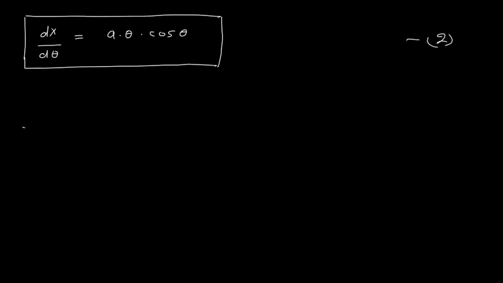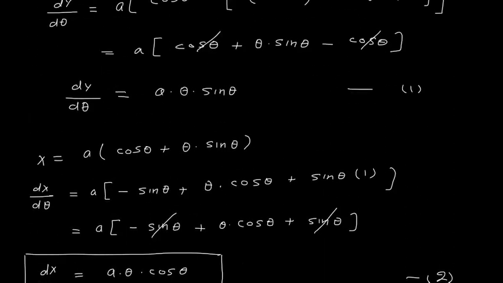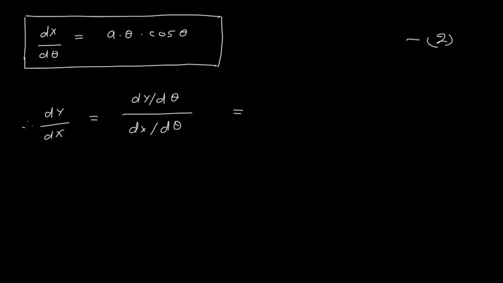So therefore we have to find dy upon dx. So dy upon dx is dy upon d theta whole divided by dx upon d theta. Now dy upon d theta is a theta sin theta, upon dx upon d theta, which is a theta into cos theta.